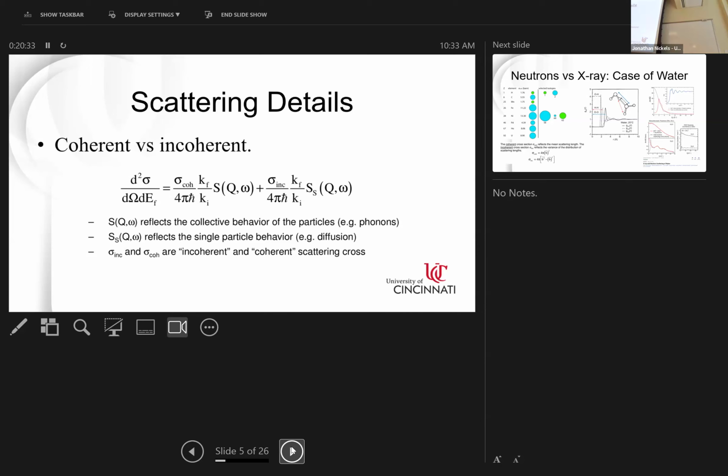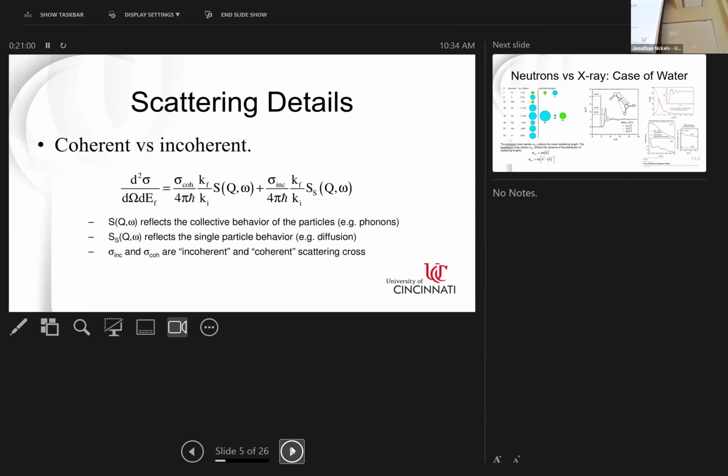Coherent, when you hear it, just means collective motion in the context of dynamics. It means two things are a certain distance apart from each other, and we're asking, does that relative distance change as a function of time? So if I have a structure and it's got some signal because it's the Fourier transform of the pair distribution function, if that changes in time, I might see that change with a spin echo technique.